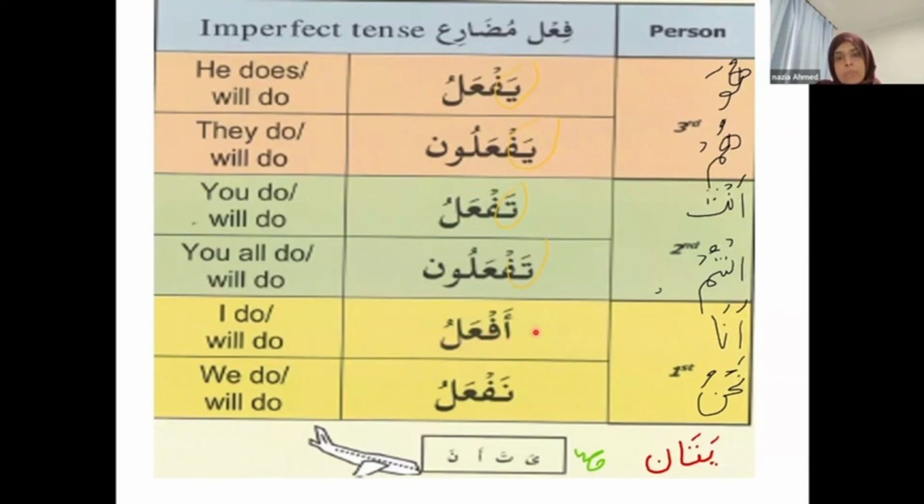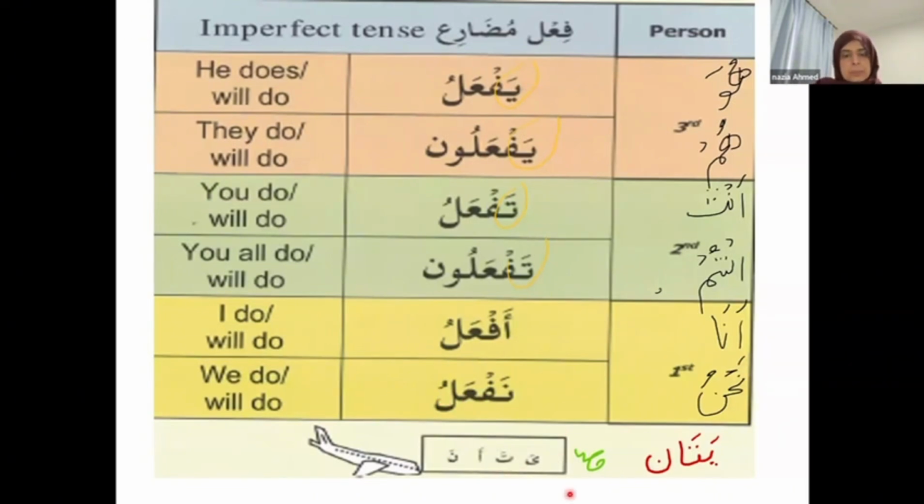Again, fa will get sukoon on it. Then in order to make plural, it's not the una plural. This is a very unusual plural because there's no una to it. So we're going to take noon from nahnu, naf'alu.